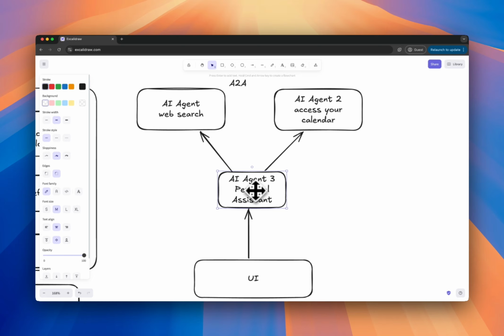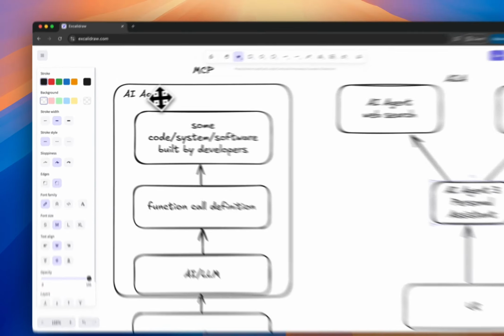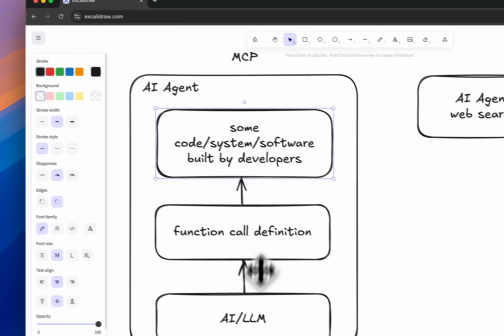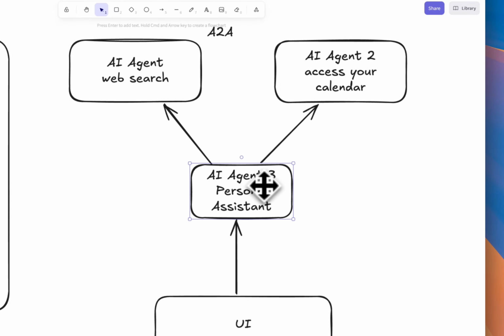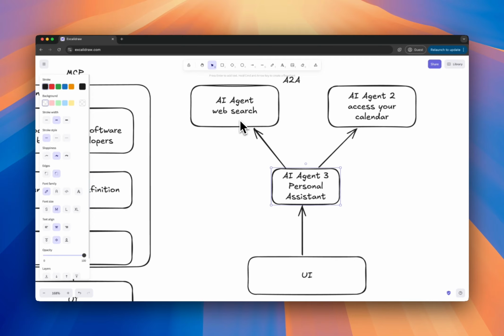This personal assistant AI needs to also communicate with other AI agents. Just to remind, an AI agent is the interaction between AI and some existing system or software. Now, this AI agent would have to interact with other AIs in this system to perform a web search to find the public holidays. That's one.